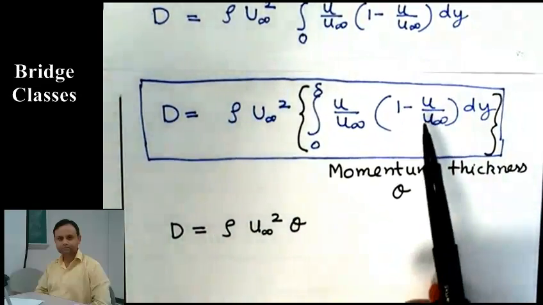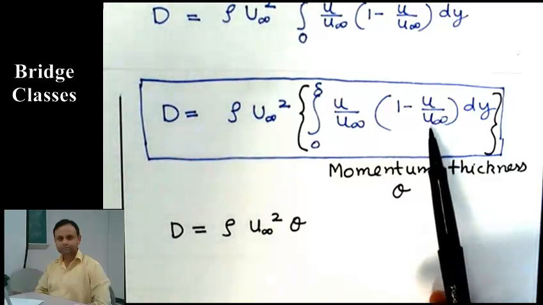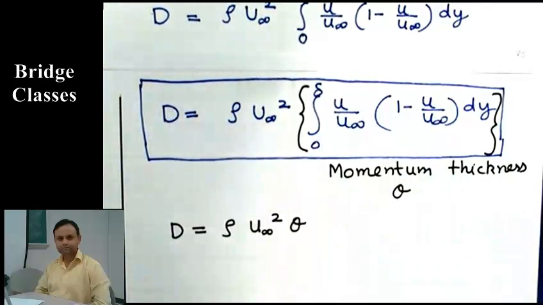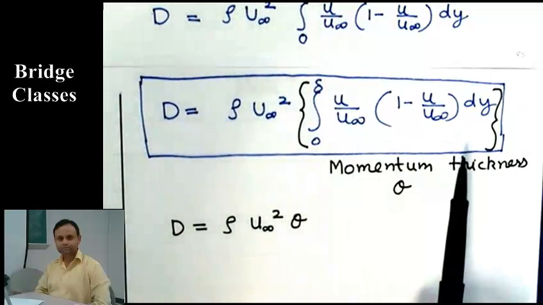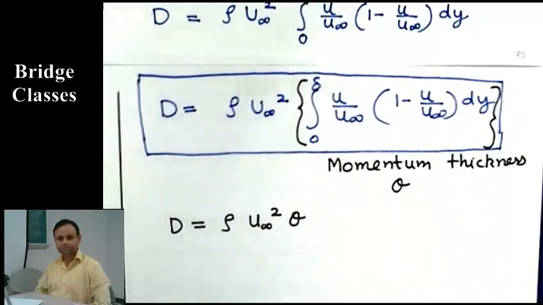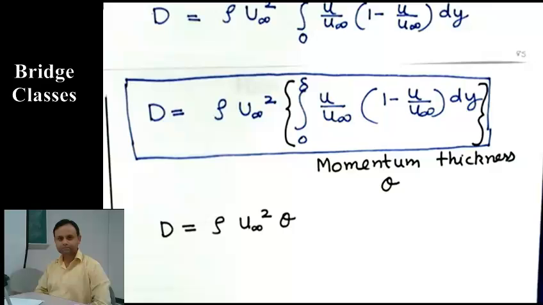But see, if you know the velocity profile in the boundary layer, what is this u over u infinity? You can integrate this. It turns out that we can assume any reasonable velocity profile. That is why this analysis is approximate. We are going to assume a velocity profile in the boundary layer.